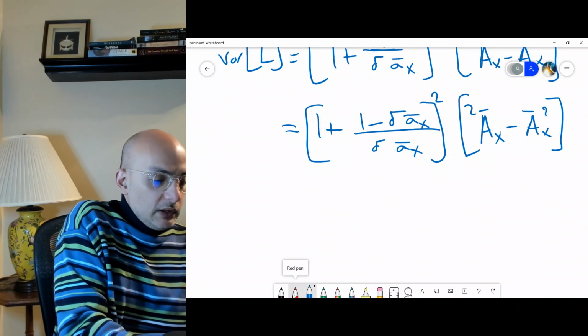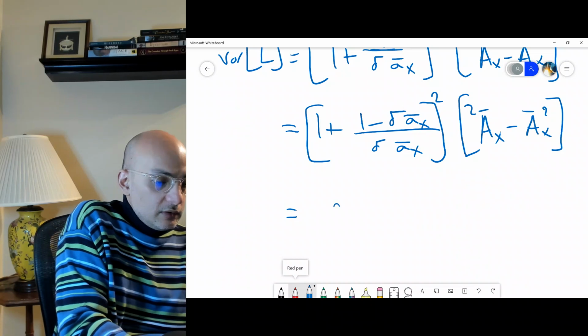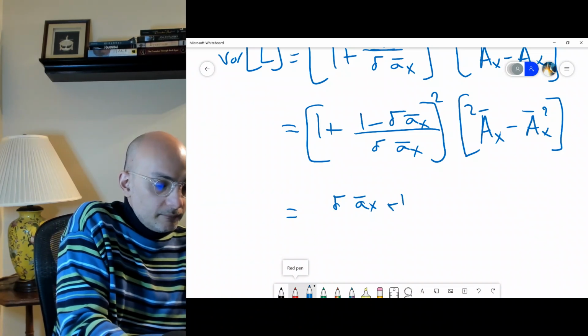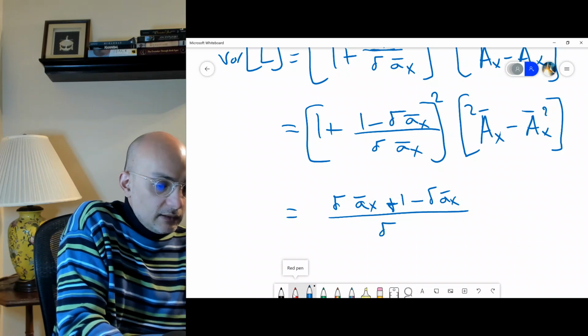Now if you multiply across here, delta A x minus 1, sorry, plus actually 1 minus delta A x divided by delta A x.